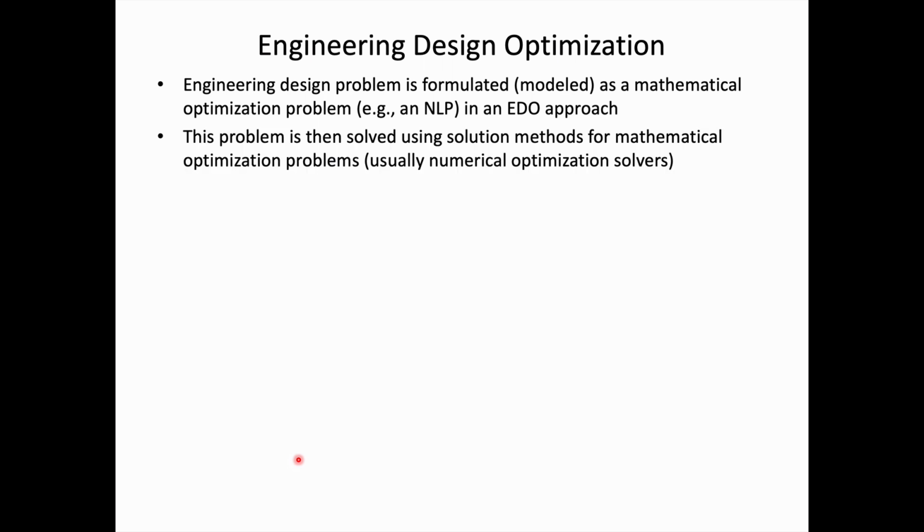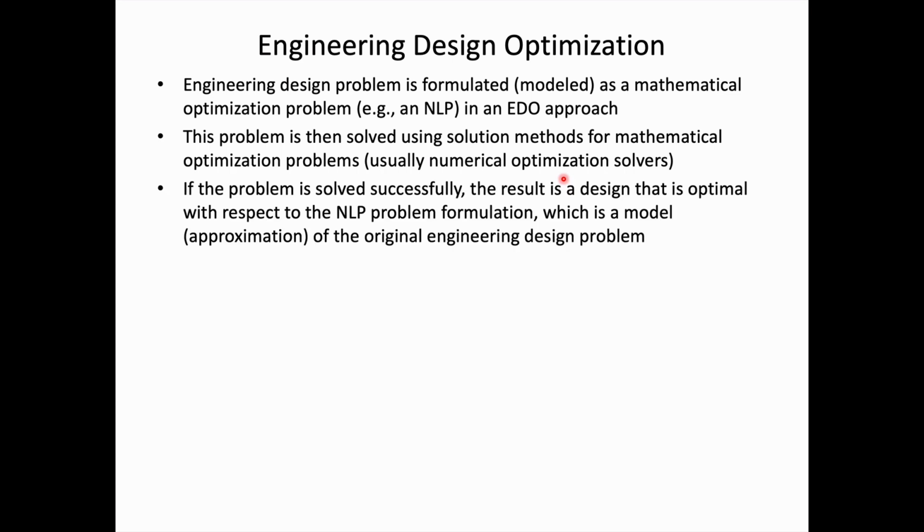Once we have that formulation, then we can solve that optimization problem using solution methods for mathematical optimization. So some kind of numerical optimization solver, an optimization algorithm, and we're going to learn about a subset of those in this class. If we solve that problem successfully, then the result is a design that is optimal with respect to not the original engineering design problem, but the nonlinear programming problem formulation.